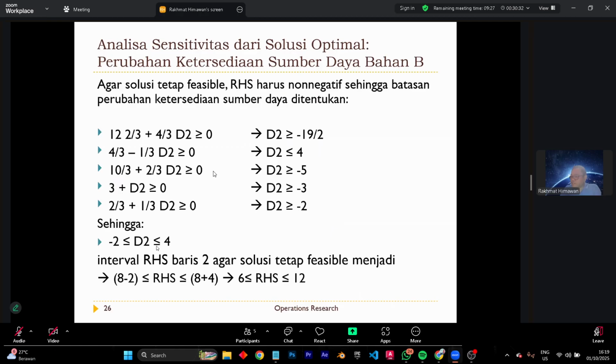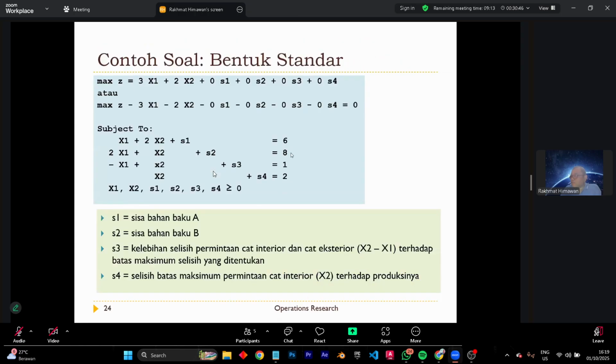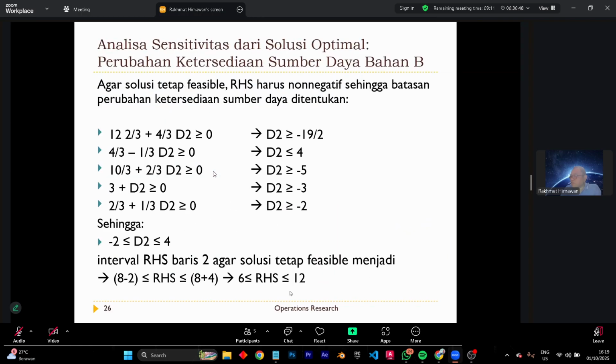We find out the range: D2 can be increased by 4, or if you want to decrease, by 2. So the RHS from 8 that is available can be increased to 12 and decreased to 6, but no increasing D2 to more than 12, or else it's going to be infeasible.